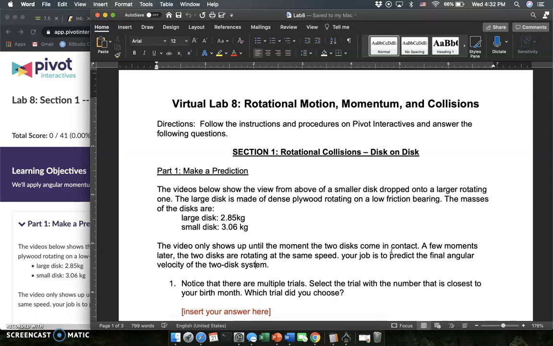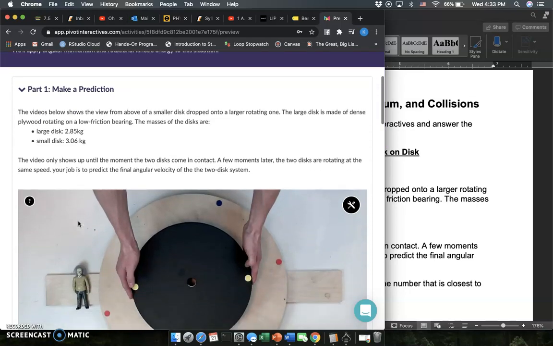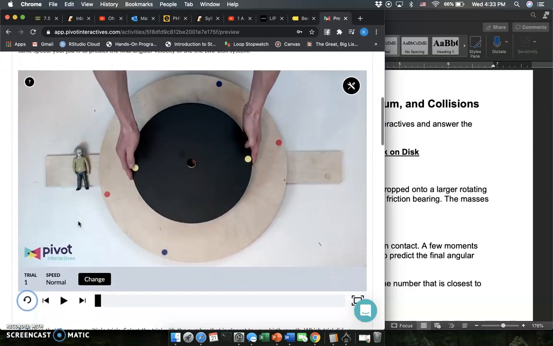So the first part of this lab is looking at rotational collisions. In this case, there are two disks, and one of them is being dropped onto the other. So we can go ahead and watch this video here.